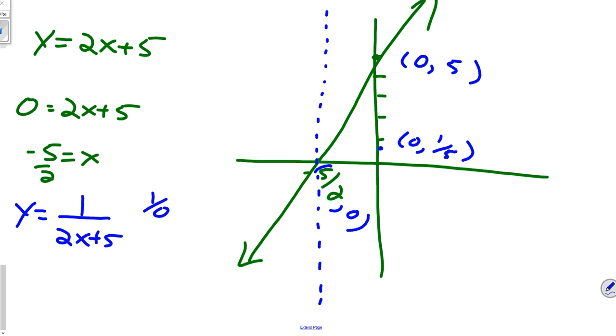It is called an asymptote. Yeah. Right, it can't be that. Well, because once you put a 1 over it, it changes everything.